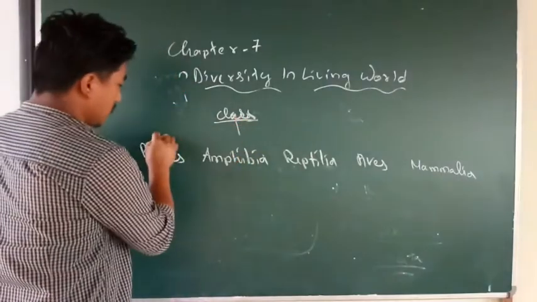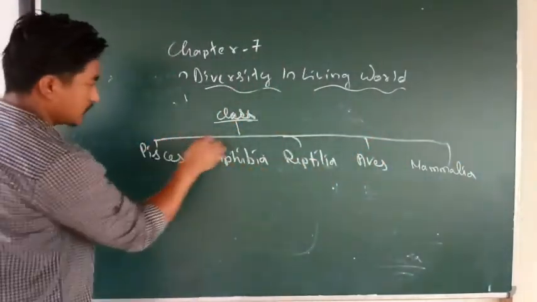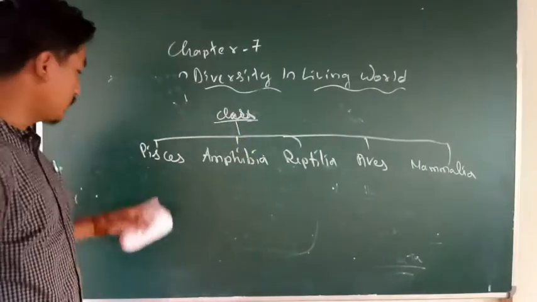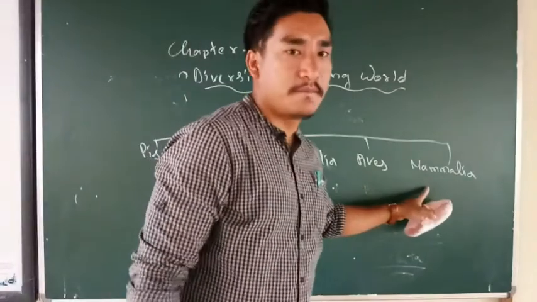So these are the different classes of phylum Chordata: class Pisces, amphibia, reptilia, aves, and mammalia.